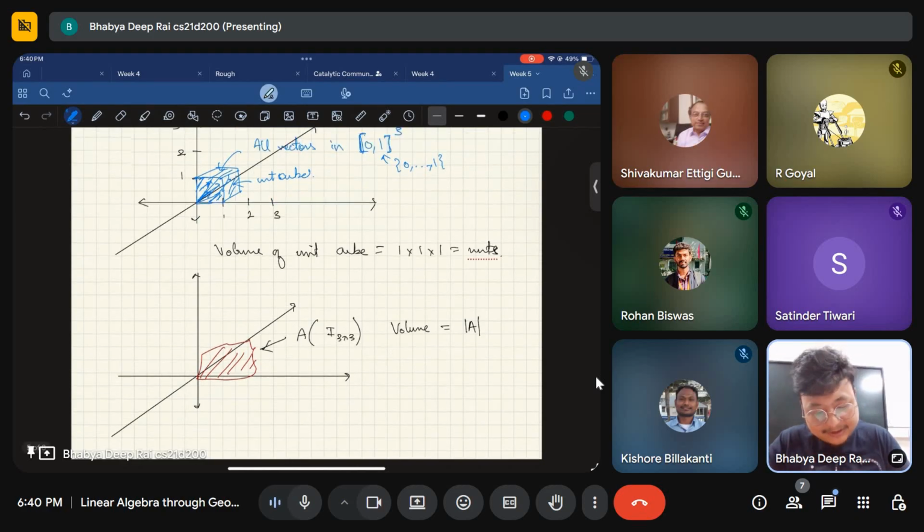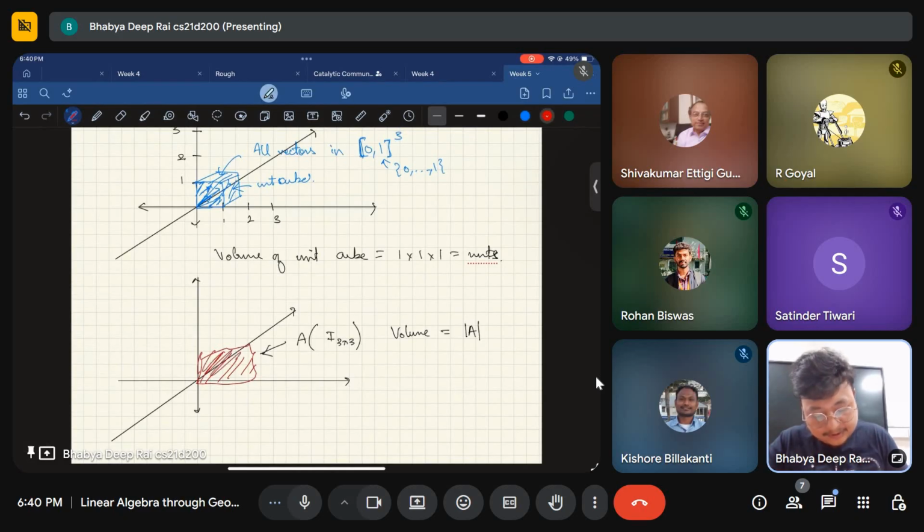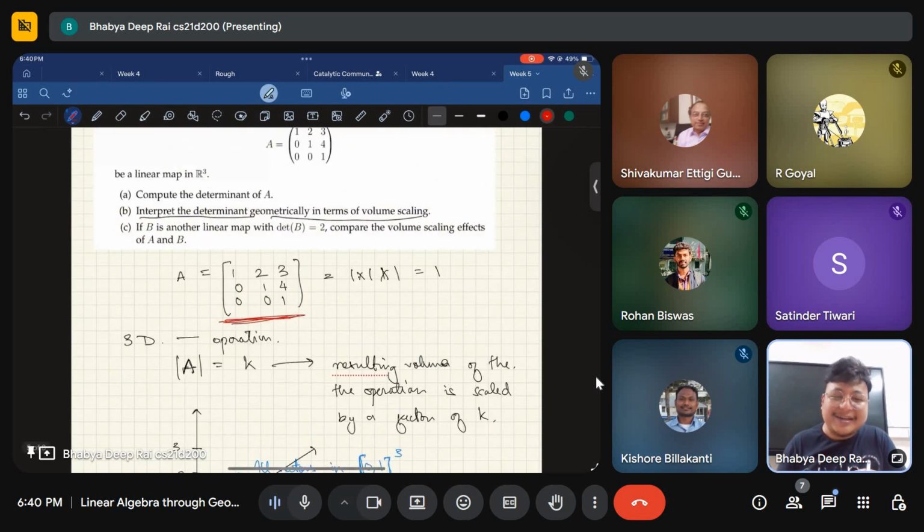Now what the matrix does is it arbitrarily repositions all the vectors to different places. Maybe we can analyze this matrix and say that it does a shear or a translation, but I'm not interested in that.